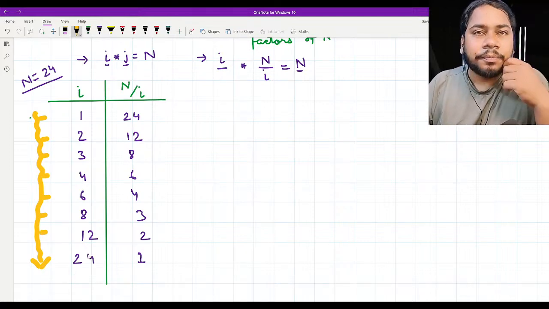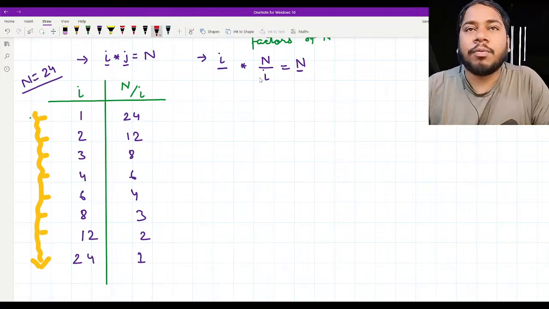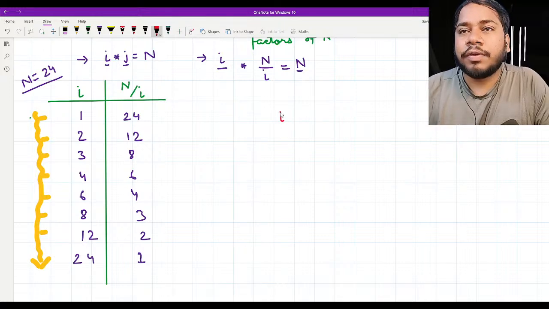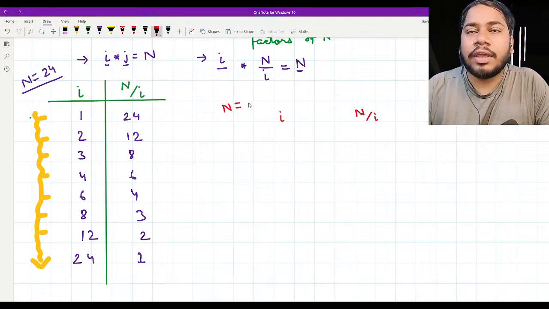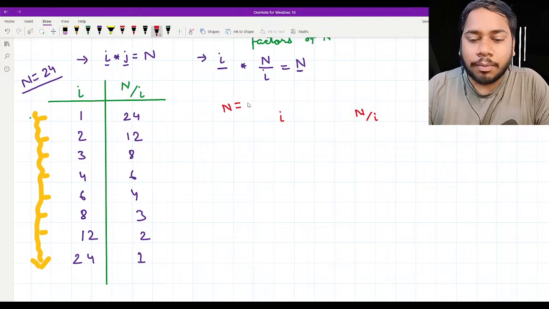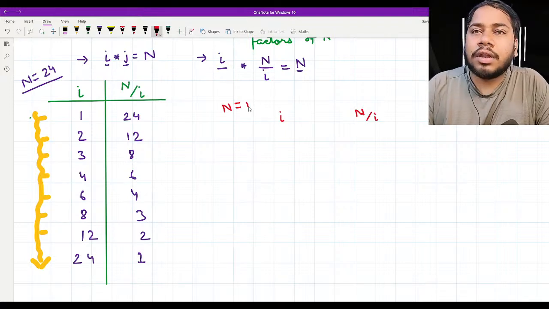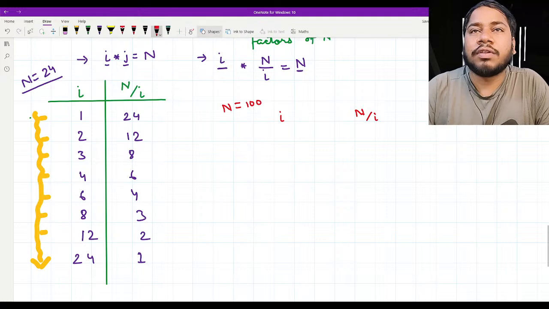Let's take one more example. If we have I and N upon I, and suppose the value of N is 100, you might ask why I'm doing this, but let's do this once and you will understand.